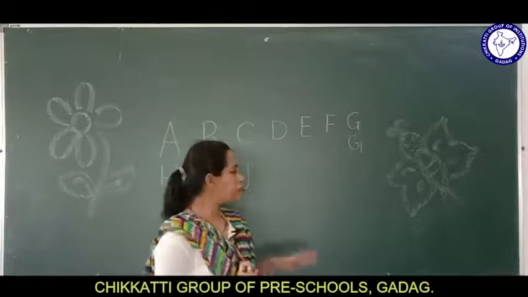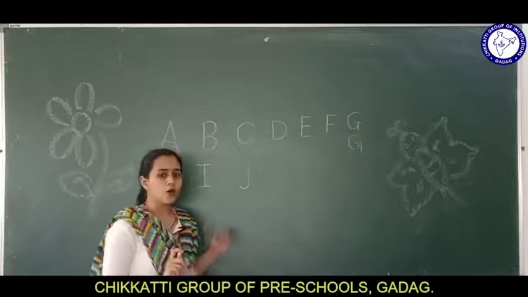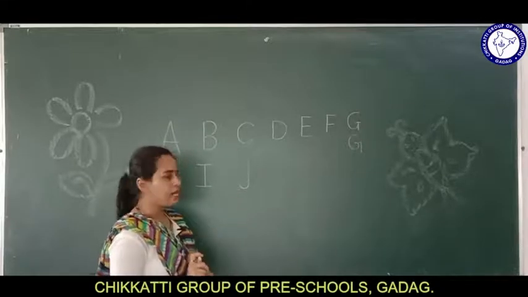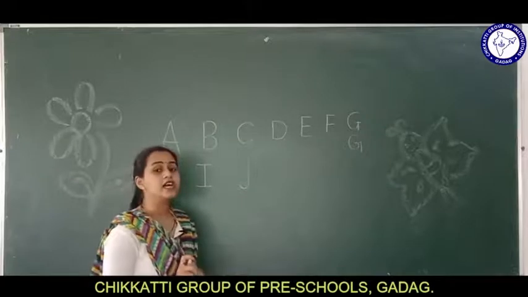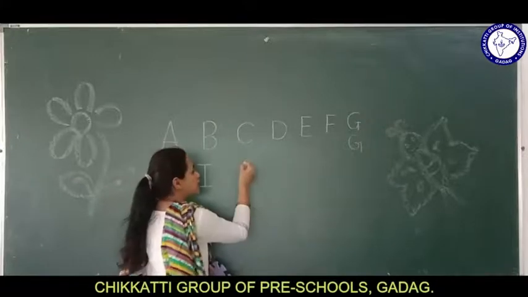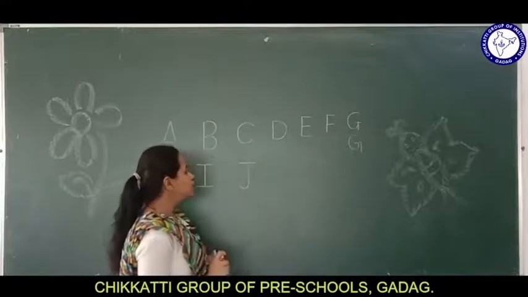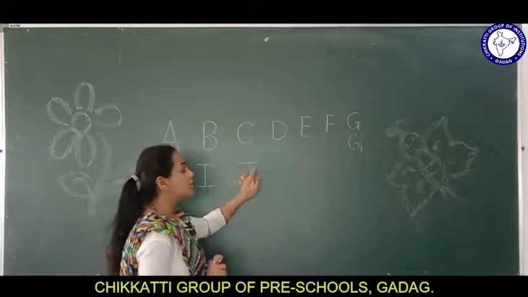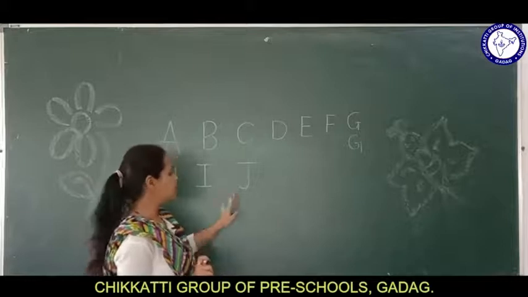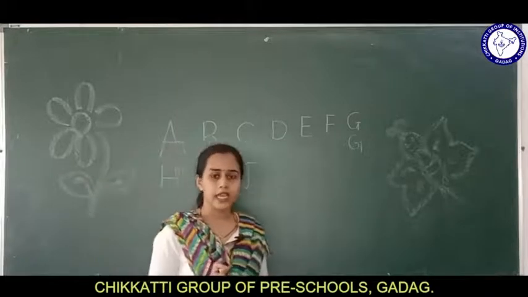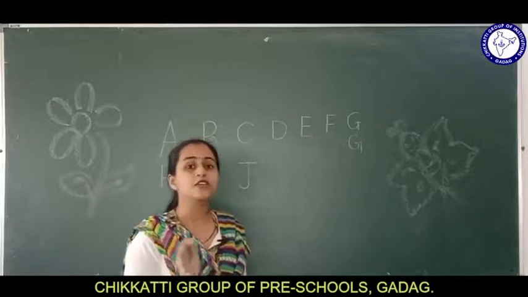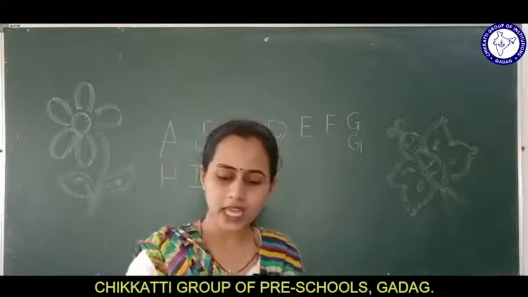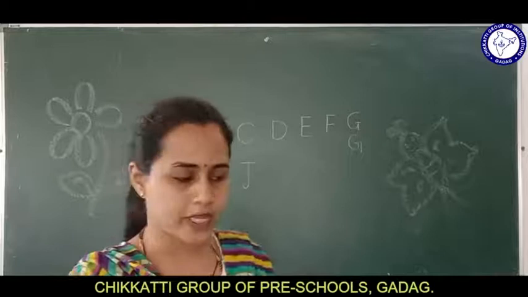You remember Ajja holds this kind of kolo, right? So what is this? It's a J, right? So standing line, curve and sleeping line. It will become J. What is the J sound? J. Say with me, okay? After me, you have to repeat.